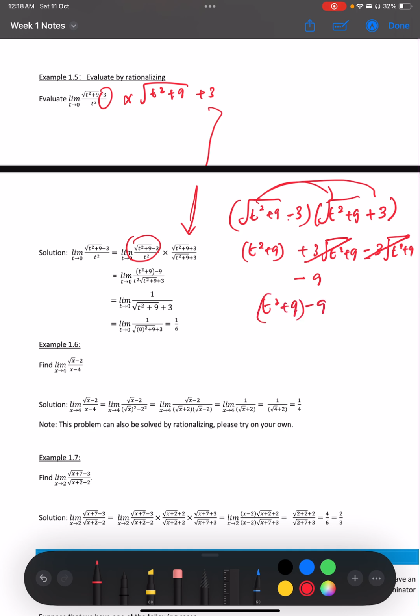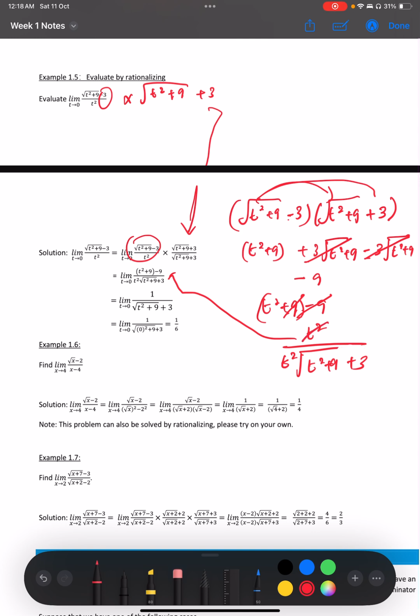minus 9, so this one, 9 minus 9 is 0, all right? So it becomes t squared here. Okay, so that's why you get t squared at the top part. By the bottom part, you will get t squared multiplied with square root of t squared plus 9 plus 3, sorry, the square root is until here, you get this one.